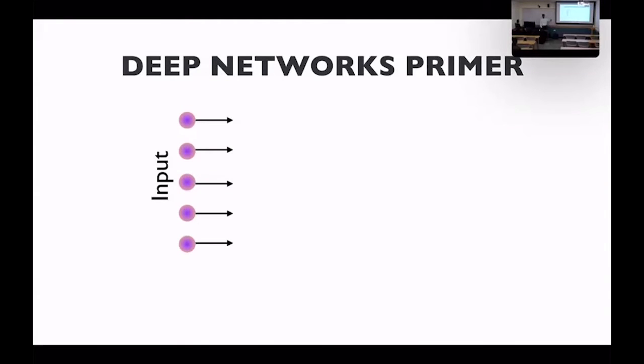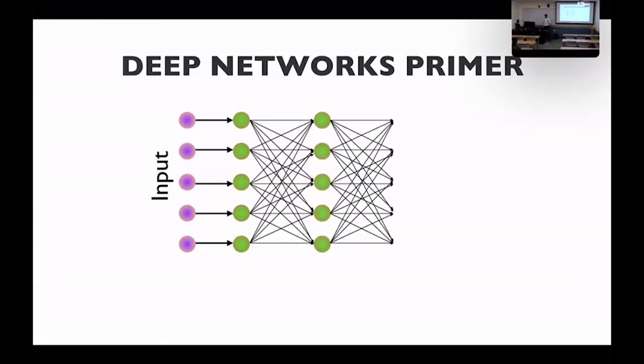So what we do is initialize the input data as the input nodes of a neural network. And then this input data is going to get processed a few times, and that is indicated by these edges.